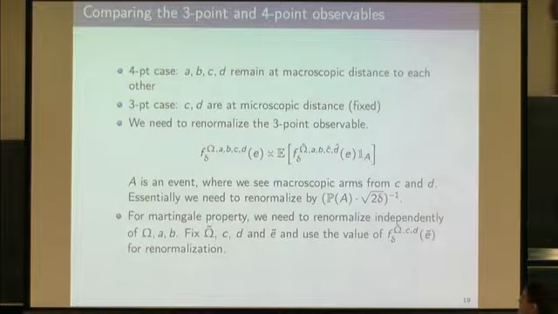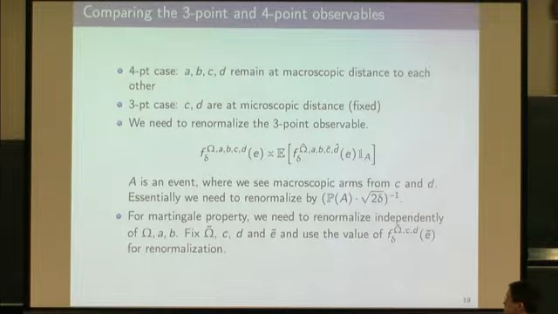So we need to renormalize by some factor, and one way to see this is that you use the martingale property of this thing when you grow these arms from C and D. So you suppose that on this event A there are some macroscopic arms starting from C and D, and then you see that this value is proportional to the expected value of that, and now you have to renormalize these by this to get something non-trivial.